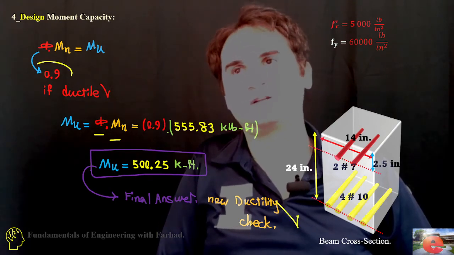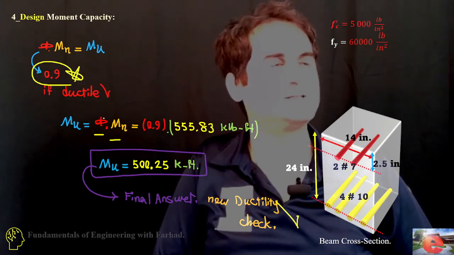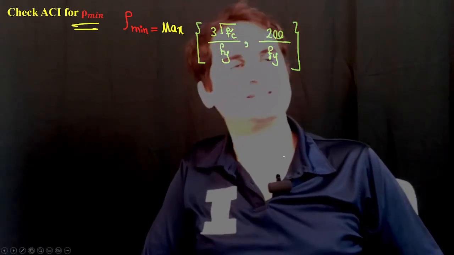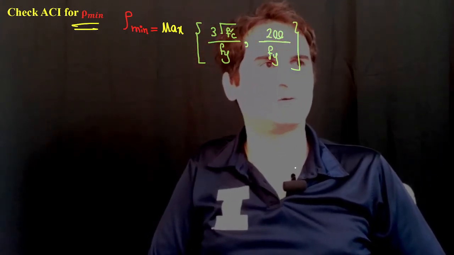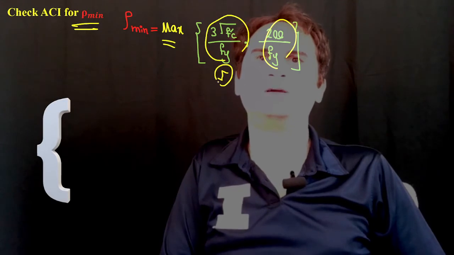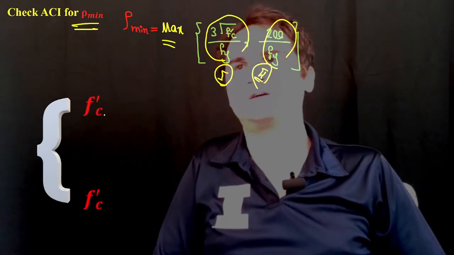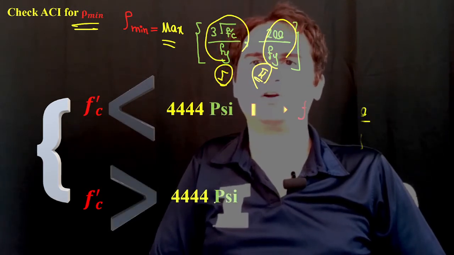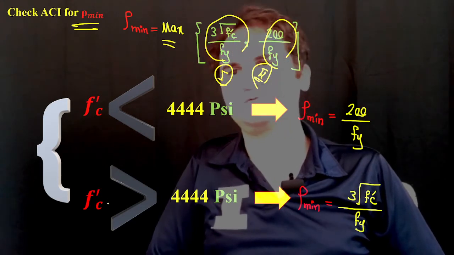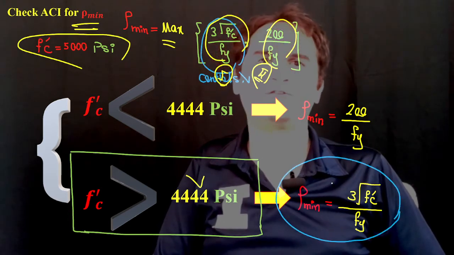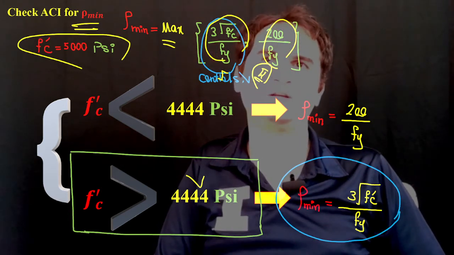We just need to check the ductility to see if we are allowed to use this reduction factor of 0.9 or not. First of all, let's check rho minimum based on the ACI code, version 2019. Rho minimum is the maximum of these two terms, 1 or 2, based on f prime c: whether it's less than 4,445 psi or bigger than that. Our f prime c is 5,000 in this one, so the first term is controlling.